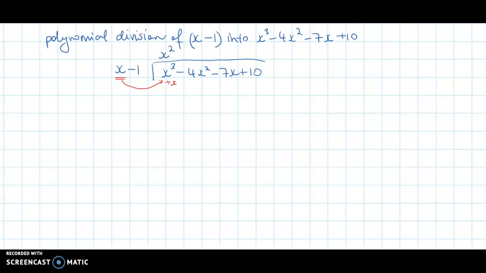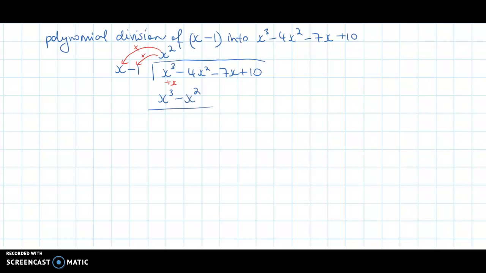Hopefully you think x squared. That's my forward process. Then I work backwards, cycle back: x squared times x gives me x cubed, and I also apply that to the minus 1, so x squared times negative 1 gives negative x squared.